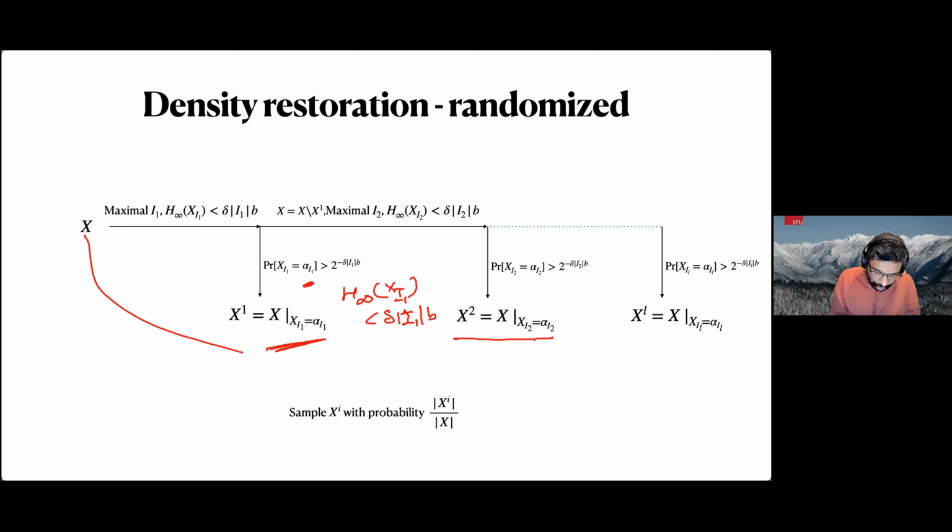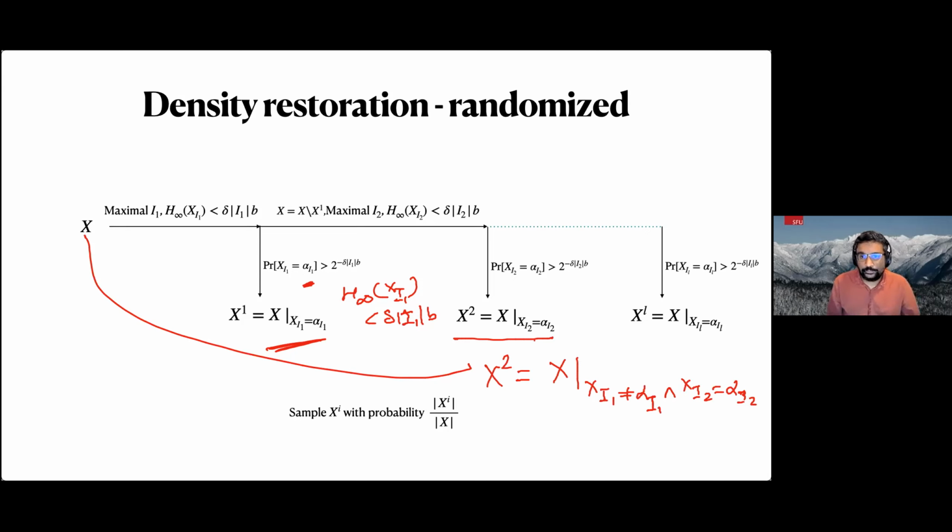In terms of the original X, the new set X is basically X conditioned on X_I1 not equal to alpha_1 and X_I2 equal to alpha_I2.